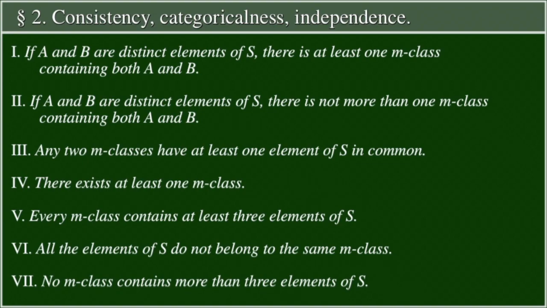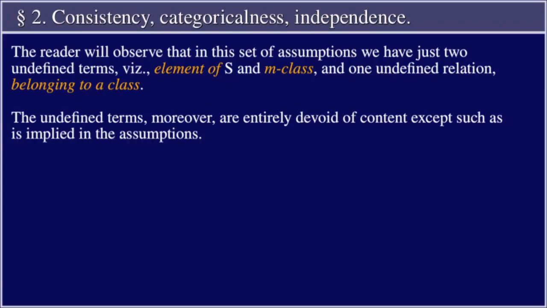No M class contains more than three elements of S. The reader will observe that in this set of assumptions we have just two undefined terms, namely element of S and M class, and one undefined relation, belonging to a class. The undefined terms, moreover, are entirely devoid of content except such as is implied in the assumptions.